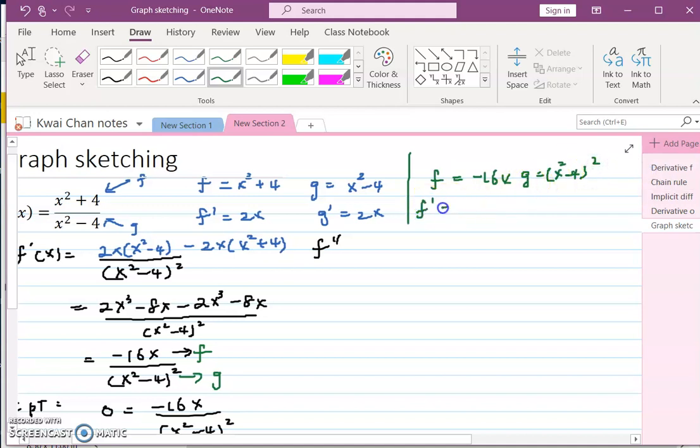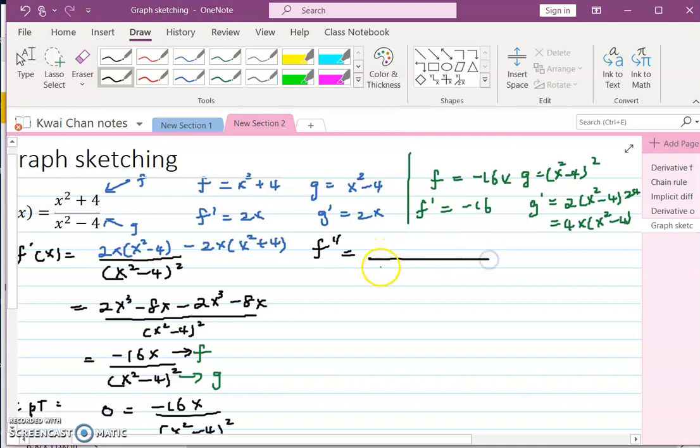So f prime is negative 16. G prime is the chain rule: 2 times (x squared minus 4) and then a 2x. So that is 4x (x squared minus 4).